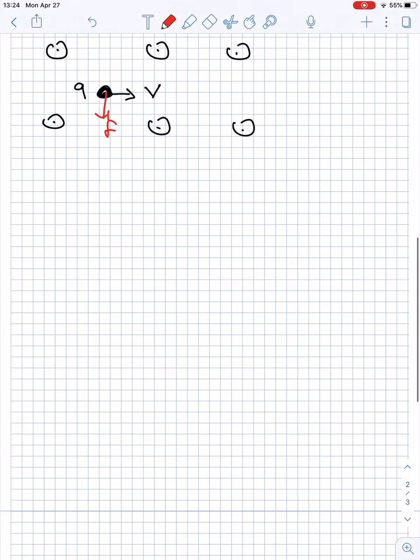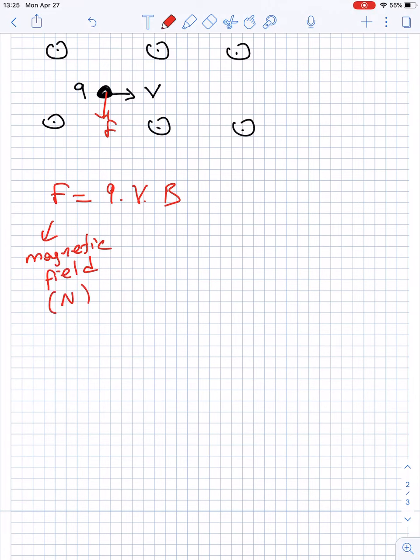And what is our formula for magnetic force? The magnetic force symbol is F. F is equal to Q multiplied by V multiplied by B. F is the magnetic force, another name is Lorentz force, and the unit is Newton.